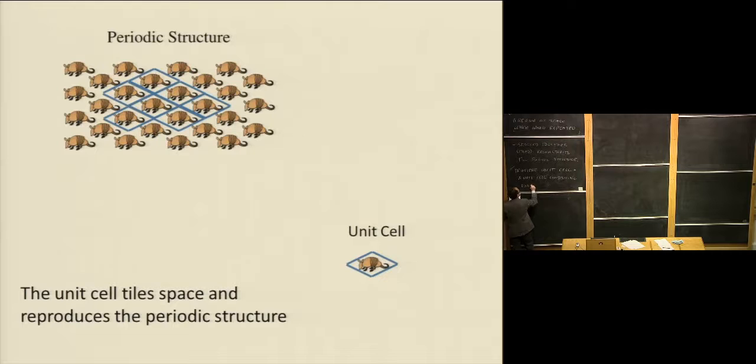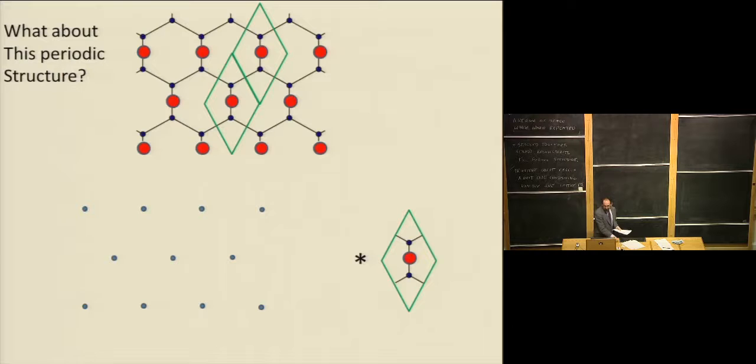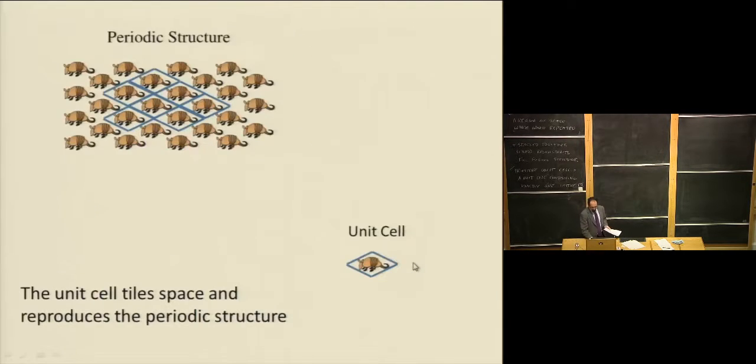Exactly one lattice point. So, for example, in this picture, this would be a primitive unit cell because it contains one big red dot, and that's the lattice point. And okay, so we can't see the lattice points in here, but if you remember where they were in those blue pictures, the armadillo is sitting on top of the lattice point, so each unit cell contains exactly one lattice point.